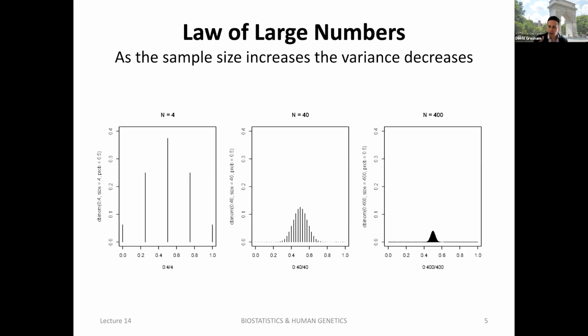However, the variance in the allele frequency in the next generation is going to be reduced as the sample size or the population size increases. And so we'll study the consequences of this principle for allele frequencies in populations of different sizes across time.